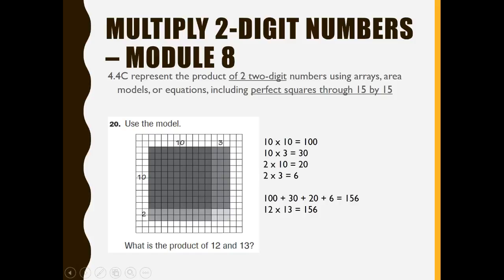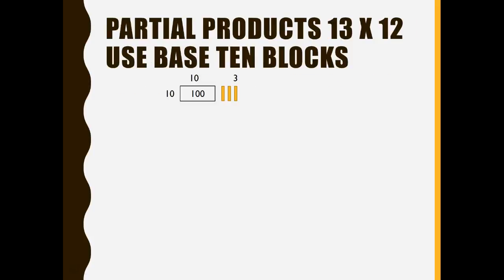With 4.4C, you're going to be using arrays and area models. Here is an example of using an array for 12 times 13. But be sure you use it with base 10 blocks first. Then the kids can see the relationship between the base 10 blocks and the pictorial models.